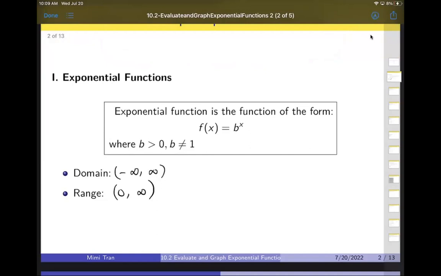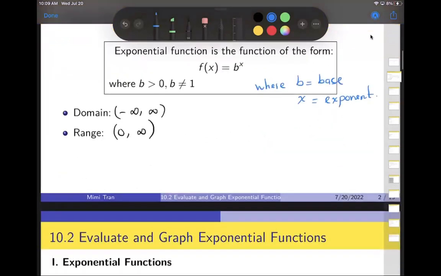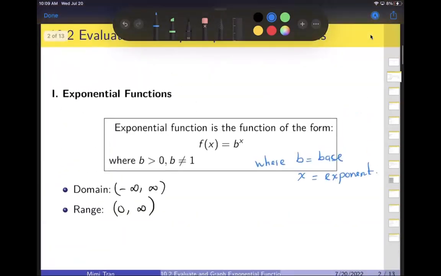A lot of times I call b the base. So let me write some notes here for you, where b is the base, right? It is a constant, right? x is the exponent.